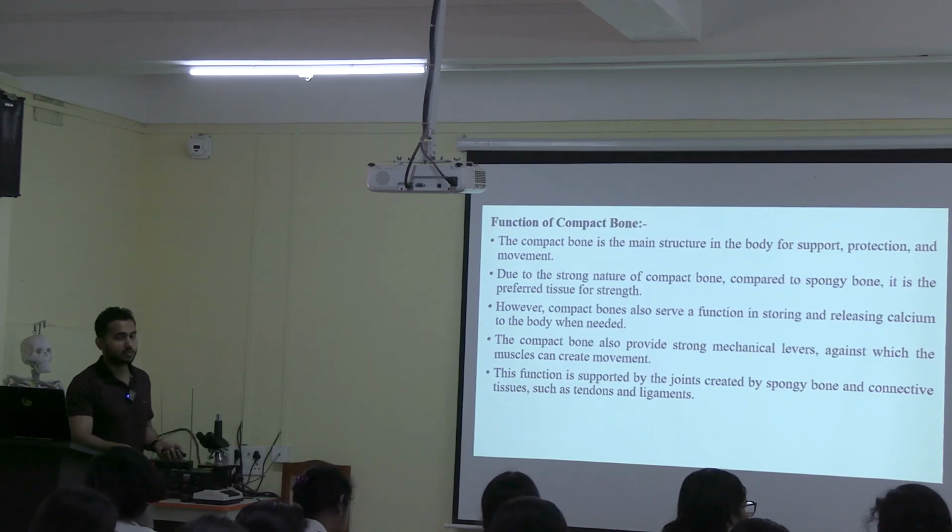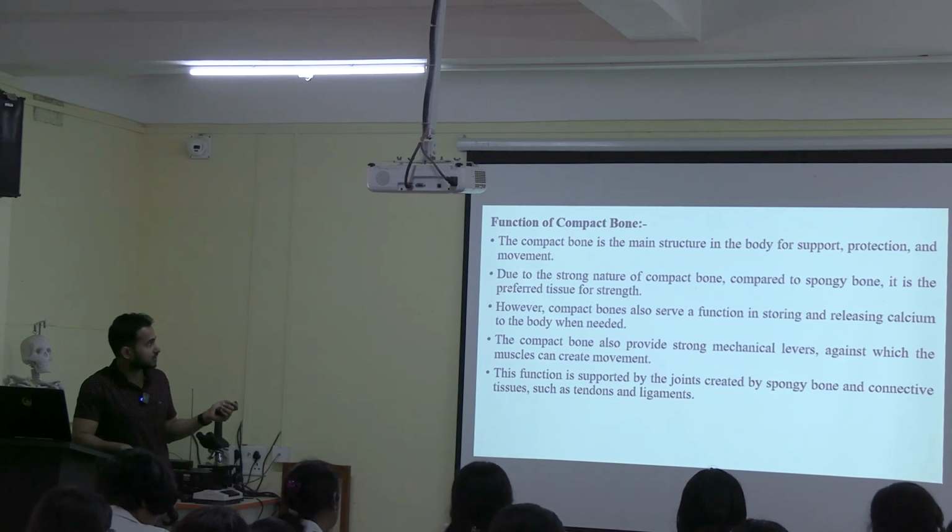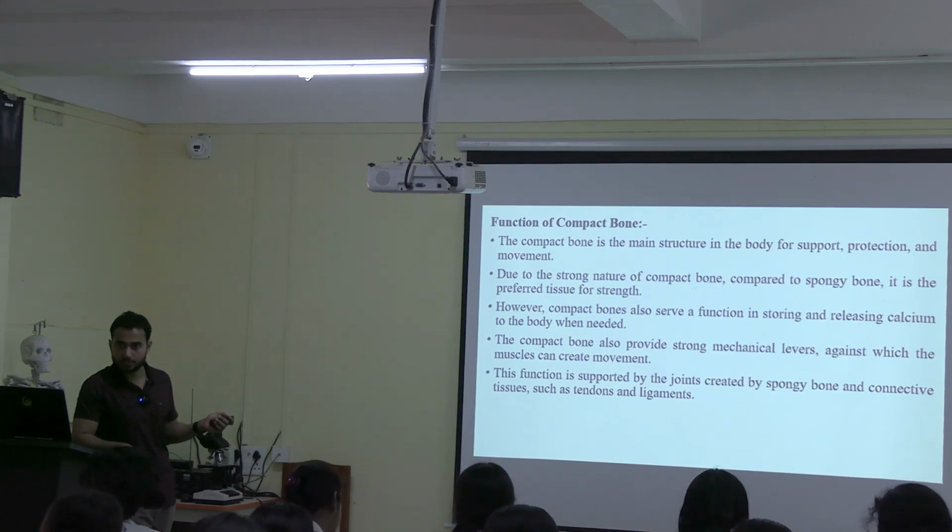Now the functions of the compact bone: first of all, support, protection and movement. Very important. Due to its strong nature, it also provides strength. Along with that, it releases calcium in the body whenever required. The compact bone also provides strong mechanical levers against the muscles which create movement.